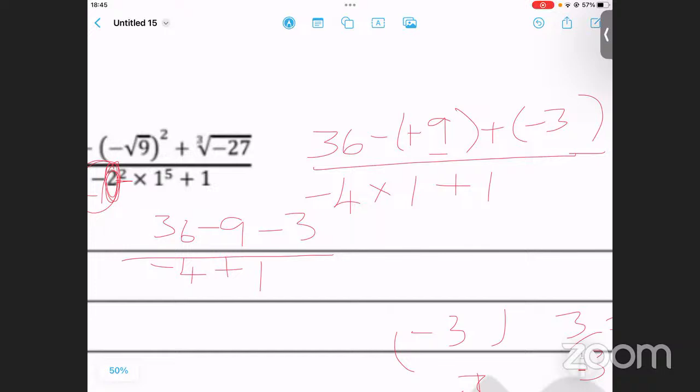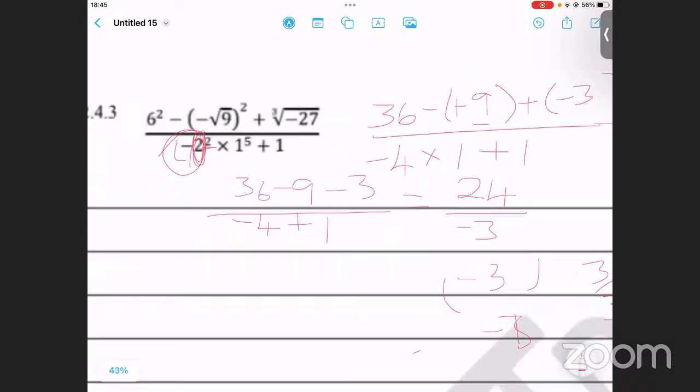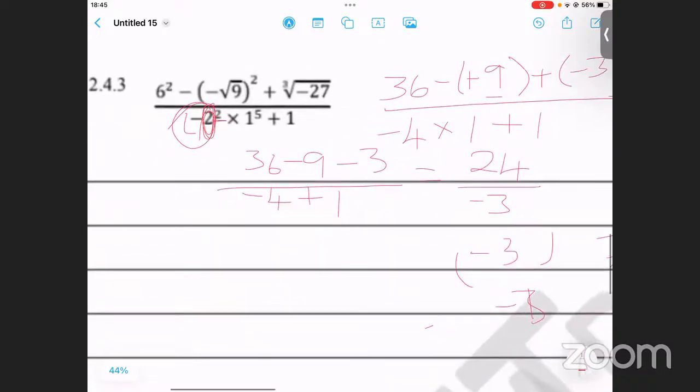Ma'am, it's 24. Okay, all right. So that means we're going to have 24 divided by minus 4 plus 1. What is it? It's minus 3. If you do multiples of 3, you'll be able to get 24.